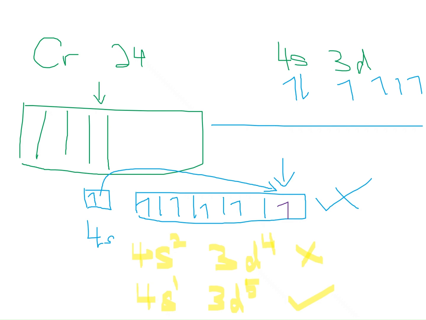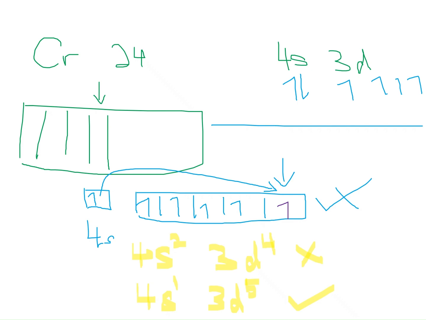So of course your 4s will be filled by 2 electrons first. After that, the following electrons will be occupying the 3d. So that will give a 4s2 3d4 for chromium.